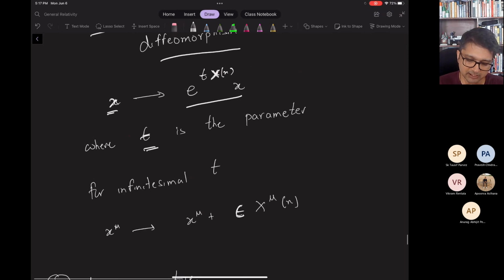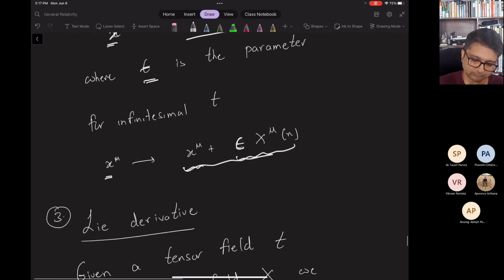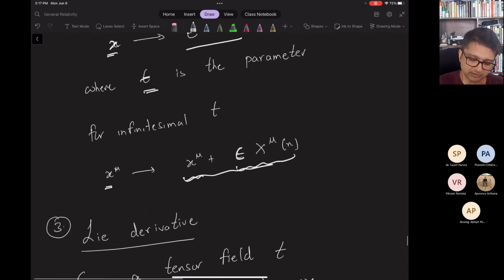And if you have an infinitesimal t, let's call it epsilon, then x mu becomes x mu plus epsilon X mu of x. So that's what we did in the previous class.